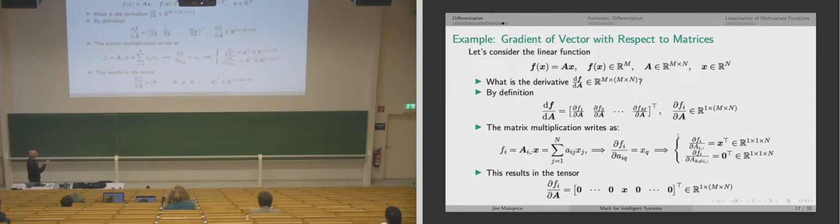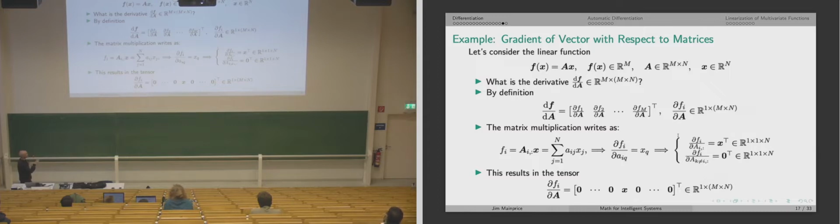And so the derivatives of Fi with respect to the full matrix are going to be these sparse matrices where you only have a column vector, which is x, at the particular index at which you're considering the function. And you actually have to transpose that.